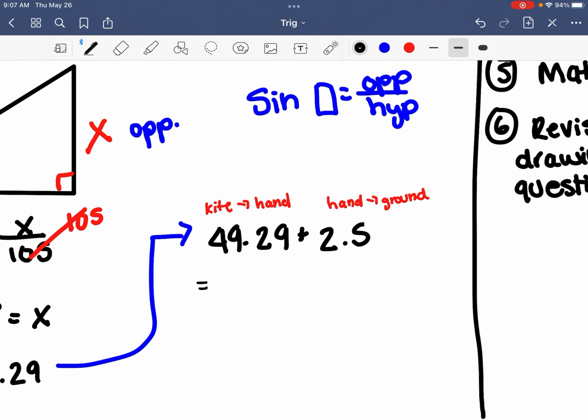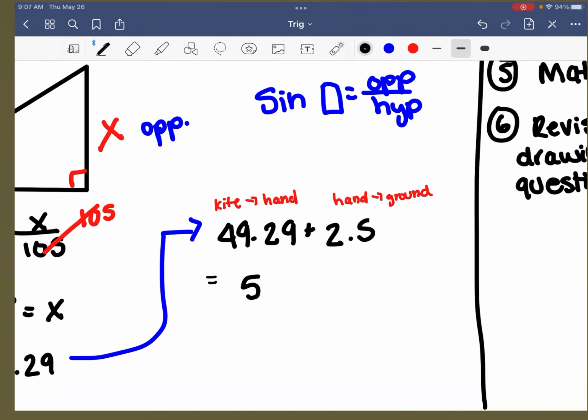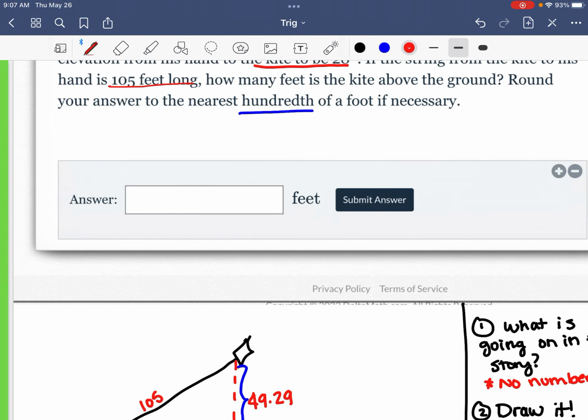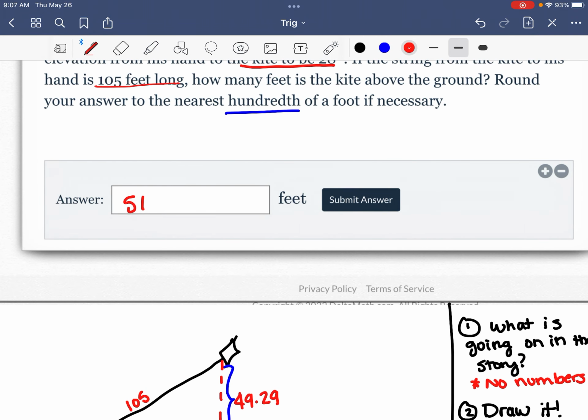So my actual answer is 51.79. So always, before you answer anything, go back and make sure you're actually answering the question, okay? Because sometimes we get a little lost in all the fun of the math. So right here on Delta Math, I would put 51.79. That is how high the kite is flying from the ground.